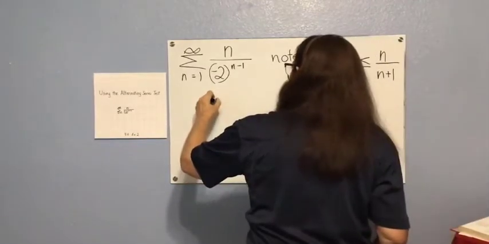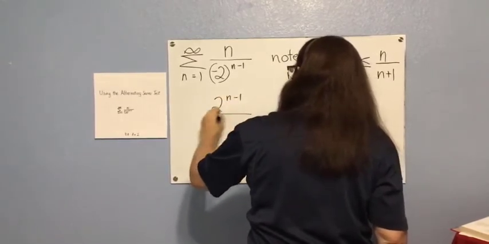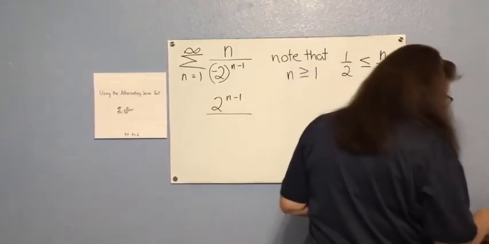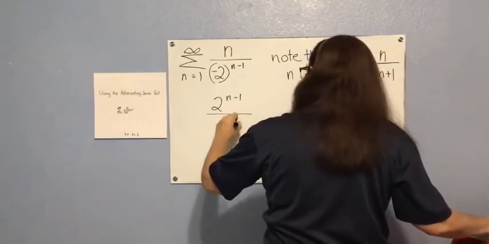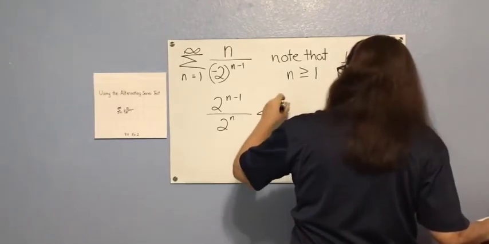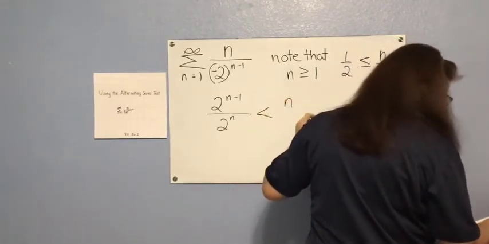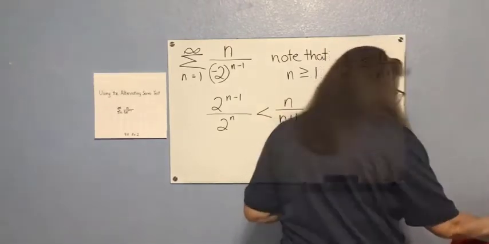So now I have 2 to the n minus 1 over 2 to the n is going to be less than n over n plus 1.